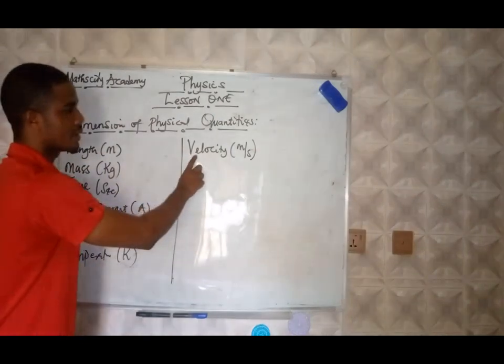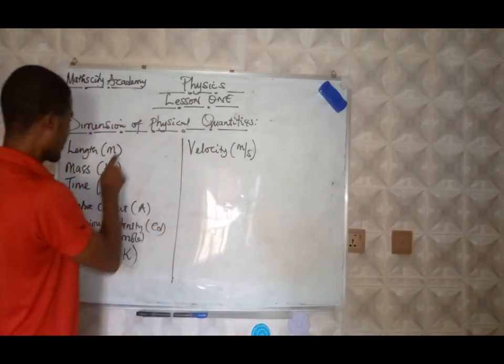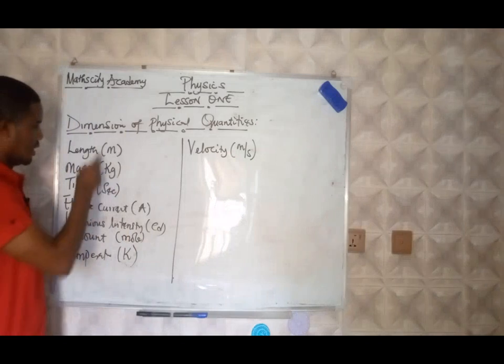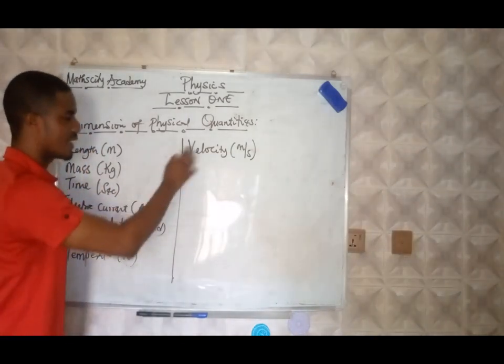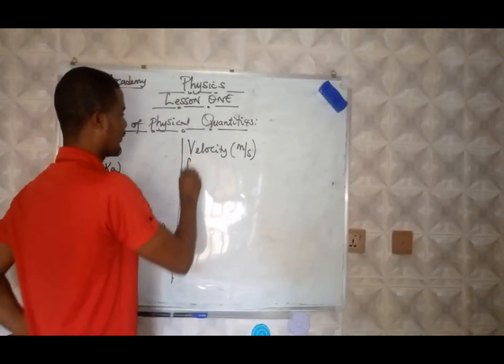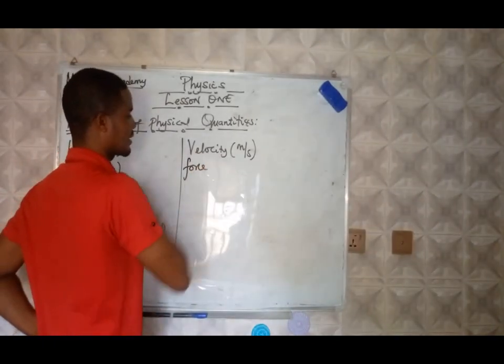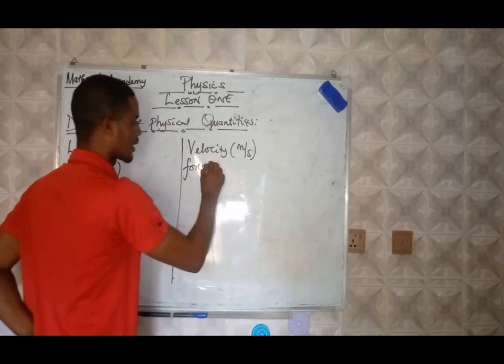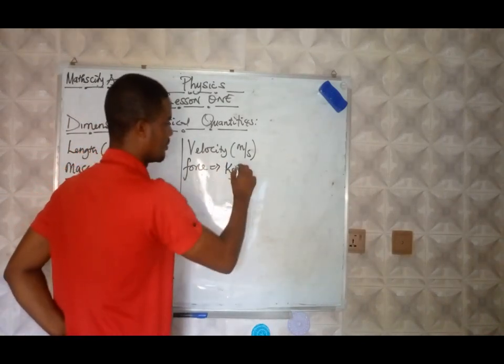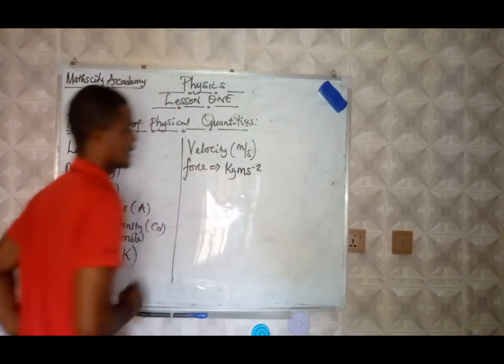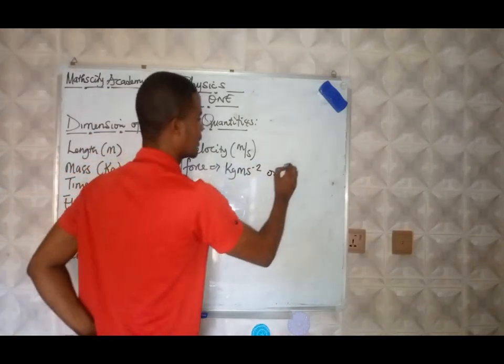But when a physical quantity collects one or two or more of the units of the fundamental, that physical quantity is called derived. Let's see another one. Let's look at force. Force is a derived quantity. Why? Remember that its unit is kilogram meter per second square, which is called Newton.